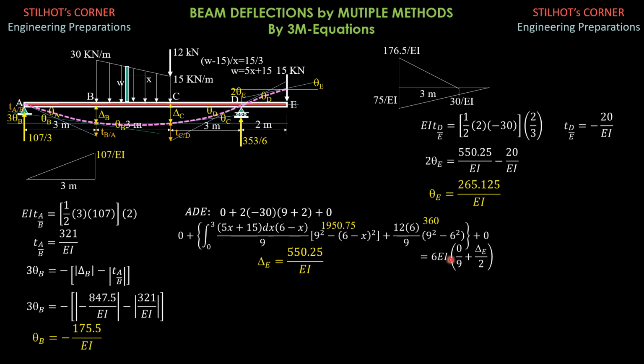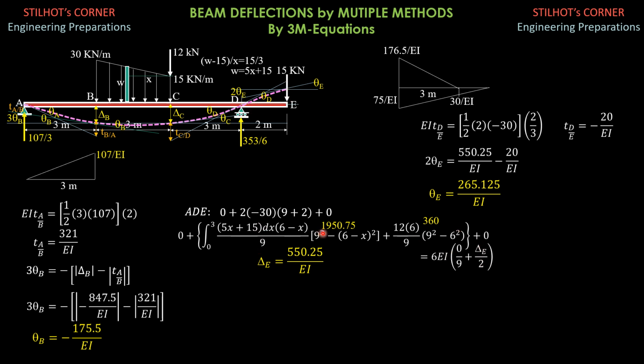Then equals 6EI, quantity, as I said, HA is 0. The horizontal line through the point A, so HA is 0, so 0 over 9. Plus HE, this is point E, assumed above, and that is delta E also, delta E over L2.